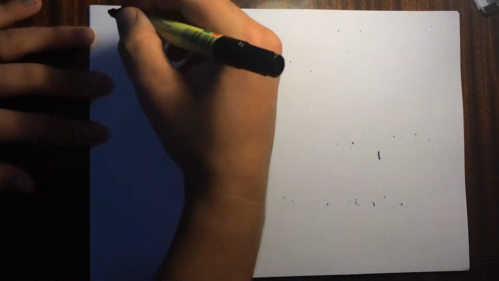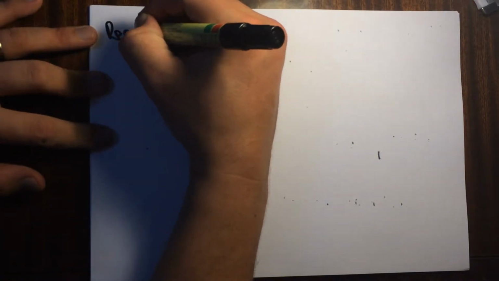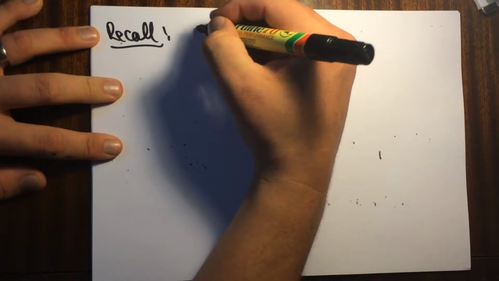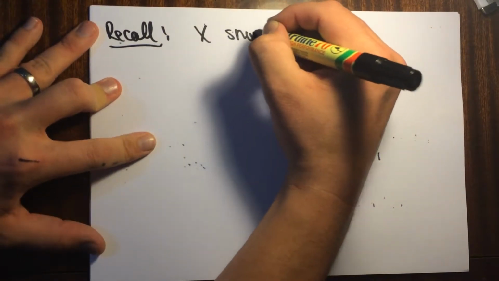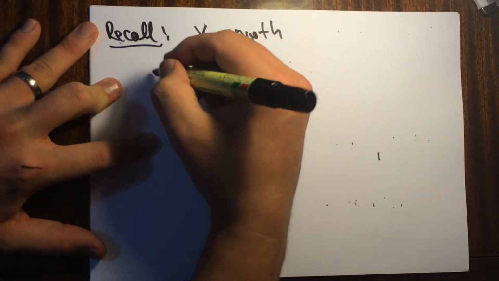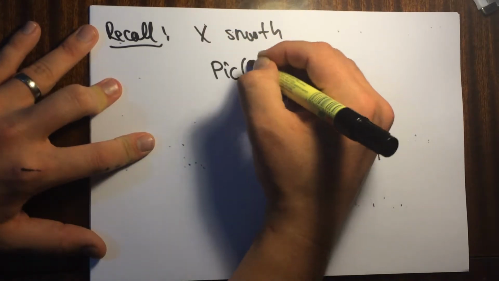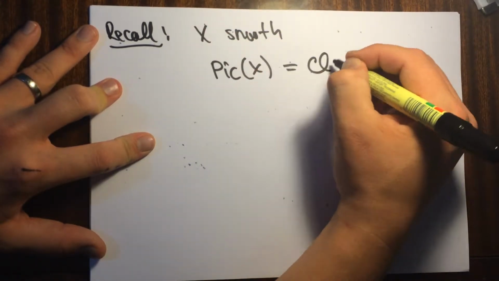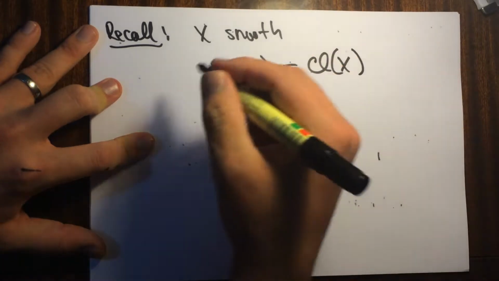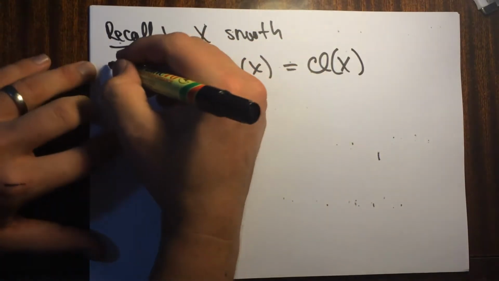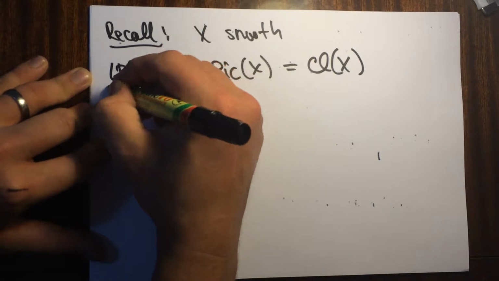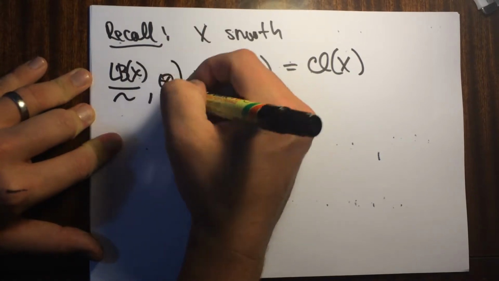So recall when X is smooth, then we have this isomorphism between Pic X and the divisor class group of X, and here Pic X was equal to line bundles on X modulo isomorphism with the tensor product.